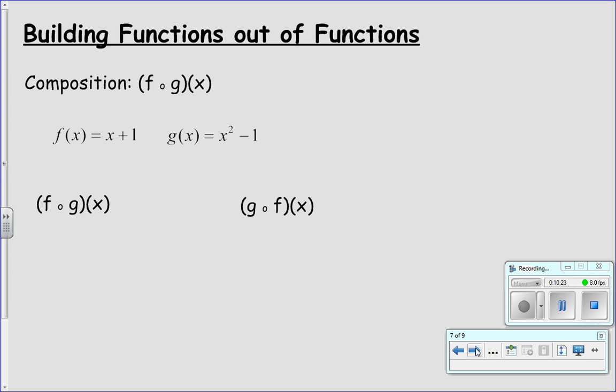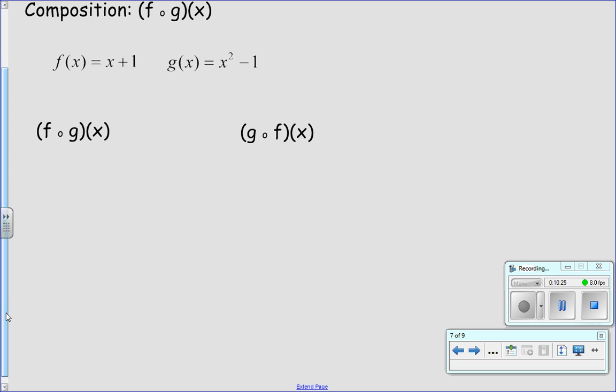So for this first one, I'm going to take g of x, and I'm going to put that into f of x. All right? So f of x is x plus 1, right? So whatever g of x is, that's what I'm putting into f of x. All right? What is g of x?